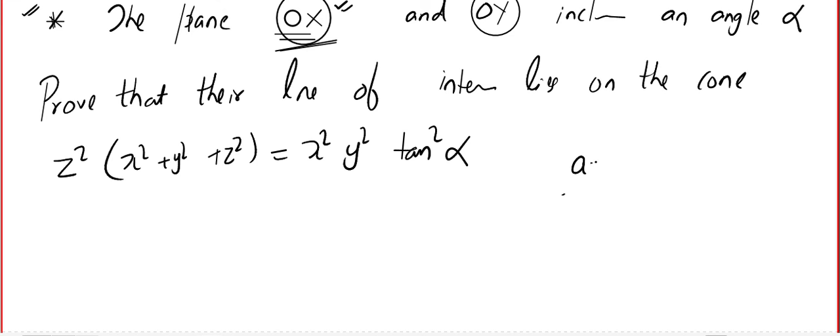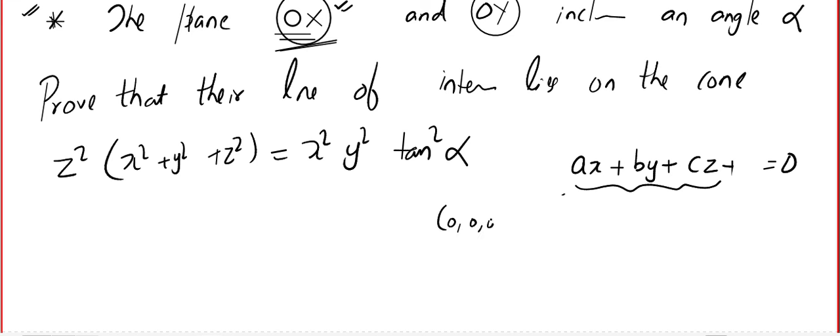Basically, our plane will be Ax plus By plus Cz plus D equal to 0. Now the reason I did not use D here is, any plane through the origin, look at this, if you do not have the constant term, then the origin will satisfy this equation. So remember, any plane passing through the origin will not have a constant term.